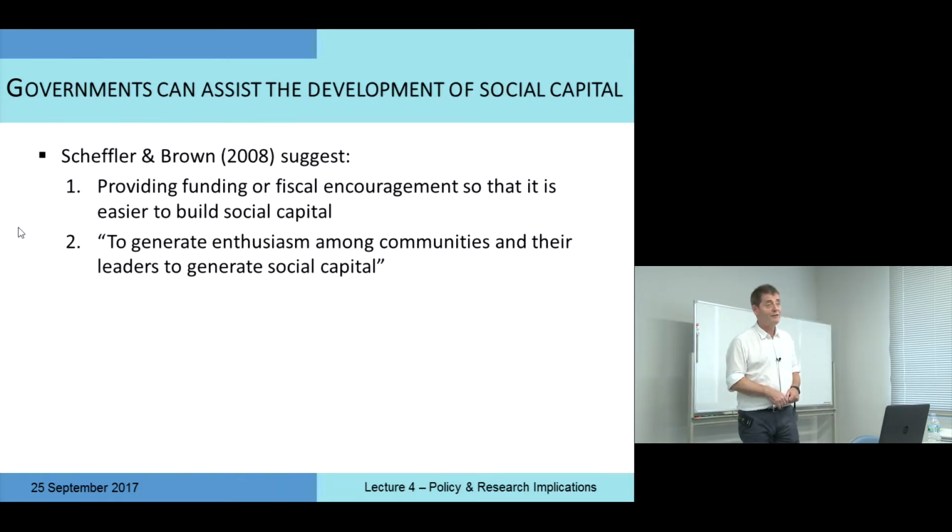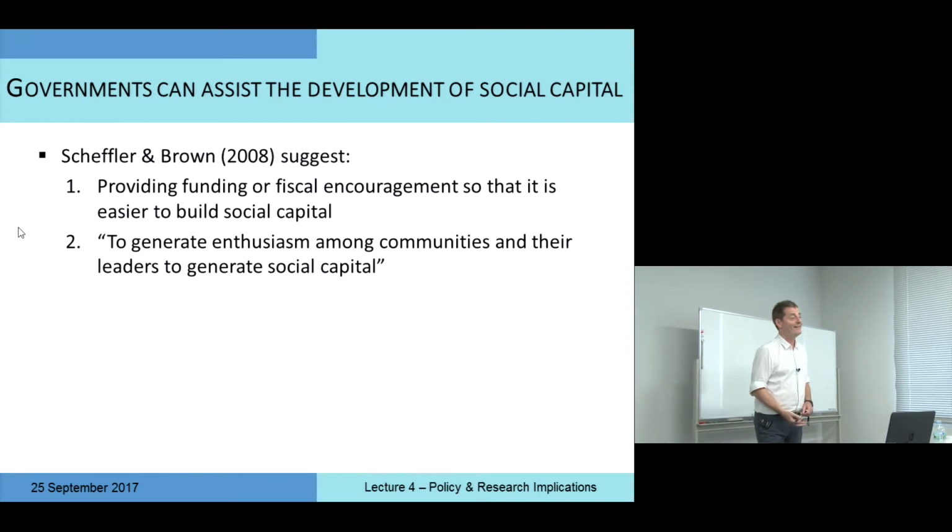Yes, there's lots of evidence that if you tax an activity, you'll get less of it. If you subsidise an activity or reduce the taxes, you'll get more of the activity. So I think Scheffler and Brown are on safe territory saying this. Unfortunately, they don't go beyond this level of generality.